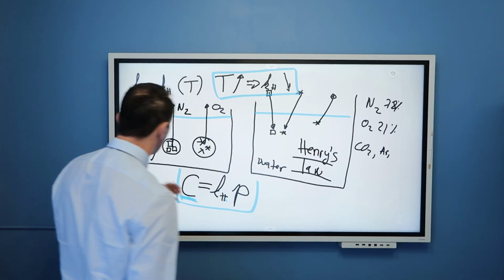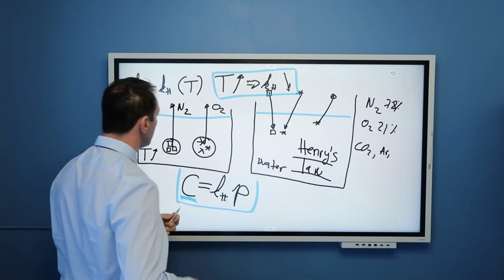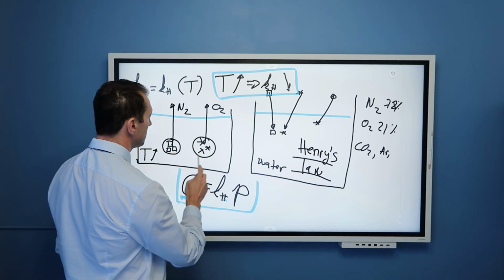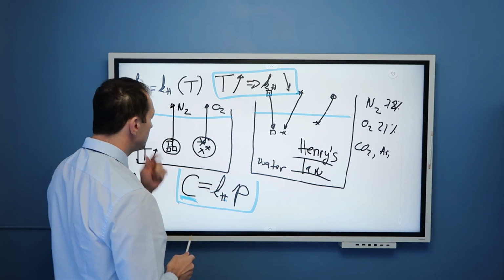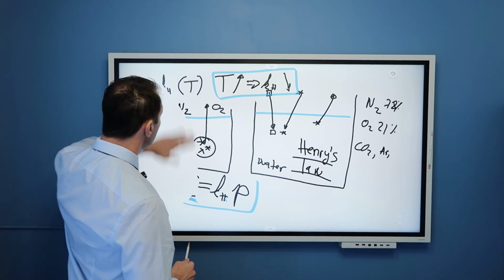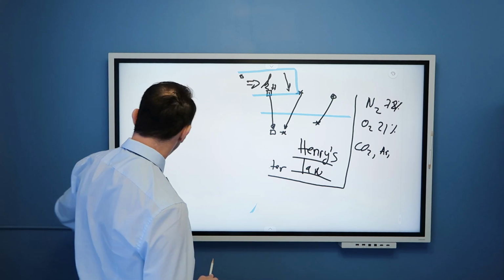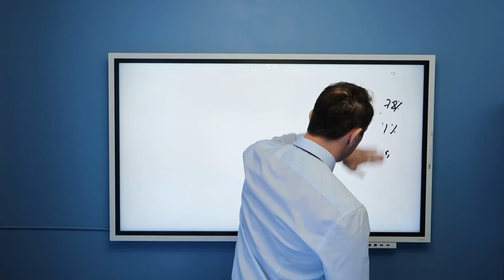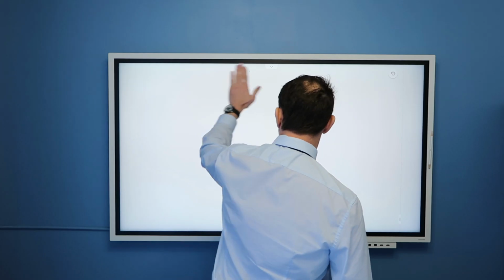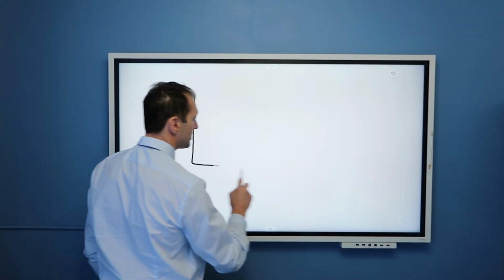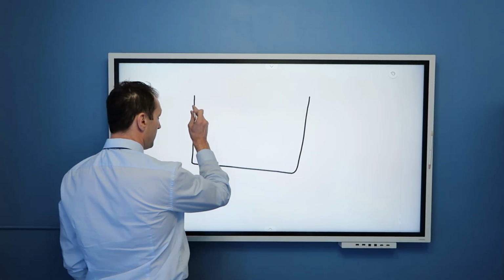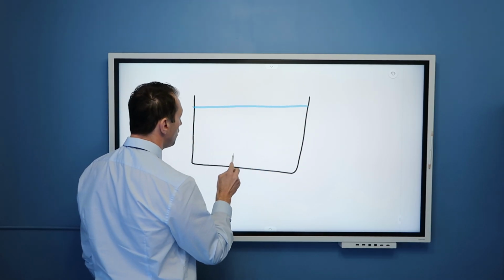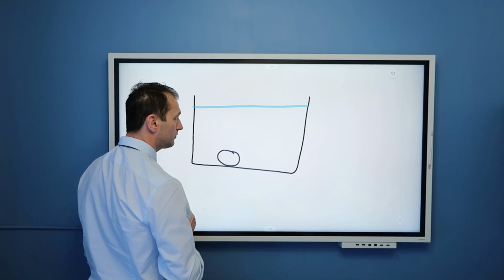Now, it is also, from the dynamics physical point of view, very important to understand that the pressure in these bubbles needs to be such, let me erase, needs to be such to overcome the external pressure of the atmosphere plus the external pressure of liquid water. What do I mean? Very simple. If this is that container, here is the liquid water surface, and here we have a small degassing bubble that formed.